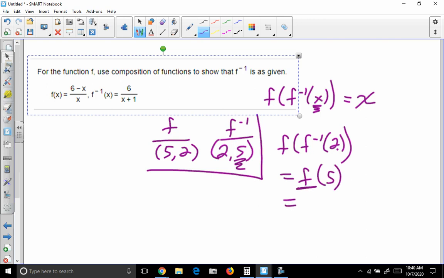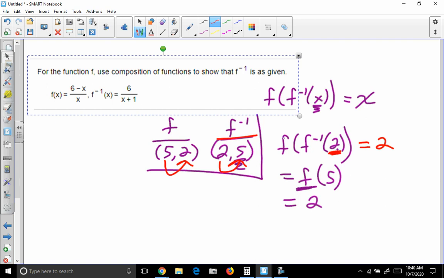For this function that's just f, when we plug a 5 in, the answer to that is 2. Notice we just went in a circle. In this function, 2 gave us 5, and then for the other function, 5 took us back to 2. And that will be true regardless of what our input is.